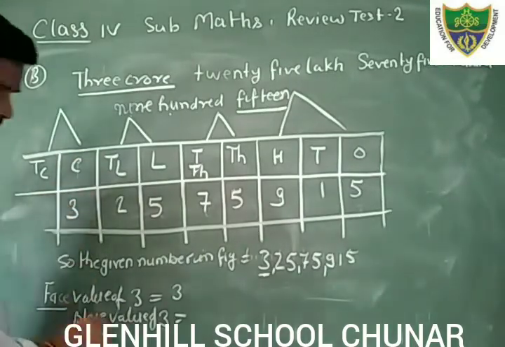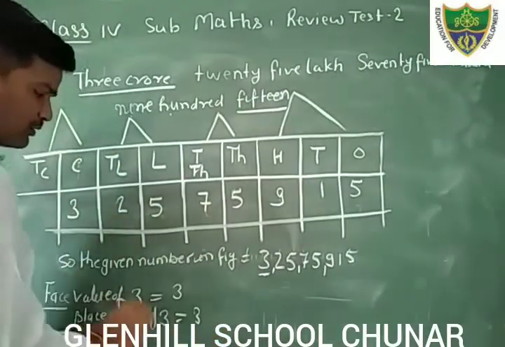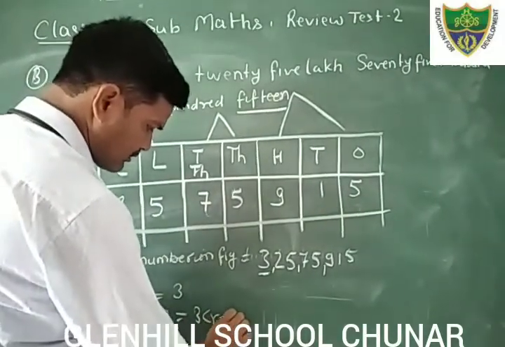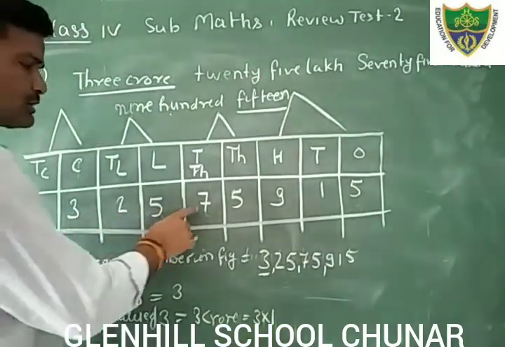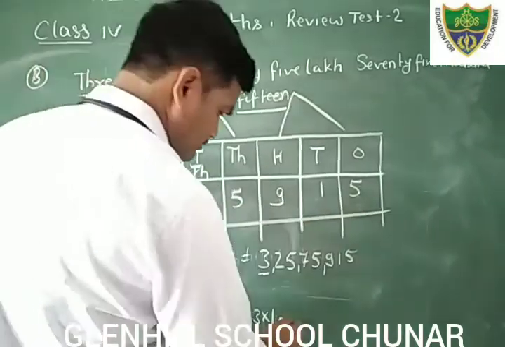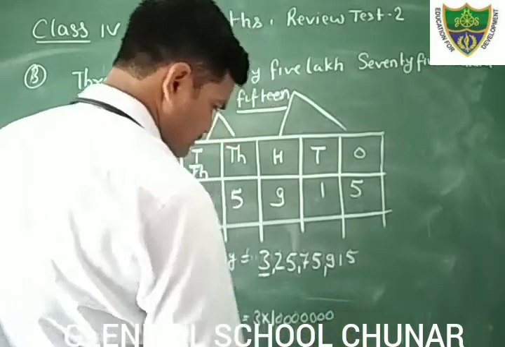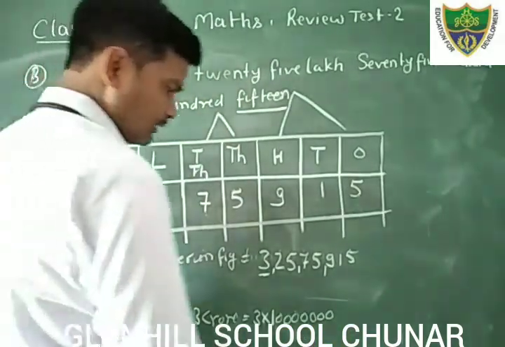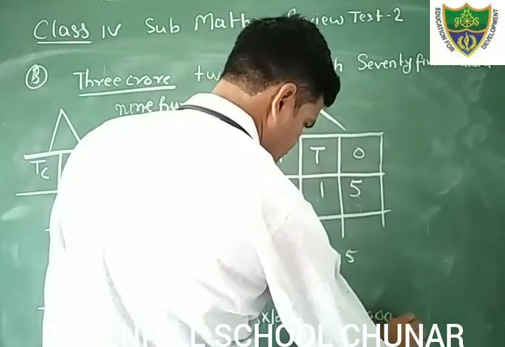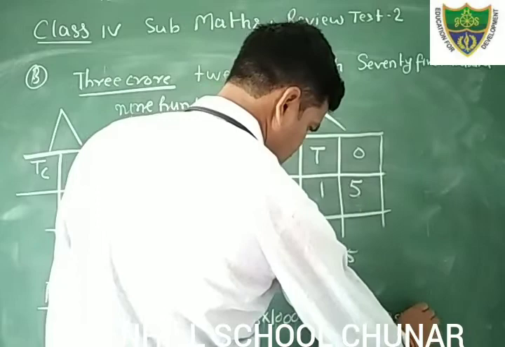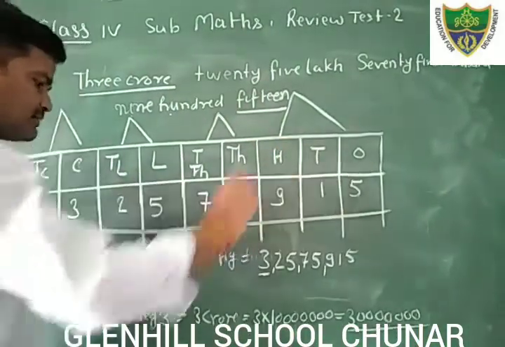So 3 crore. What is the 3 crore? 3 crore. That is 3 into 1, 2, 3, 4, 5, 6, 7 zeros. That will be 30000000. You can write directly. You will write this number and all of the rest of the numbers as 0.